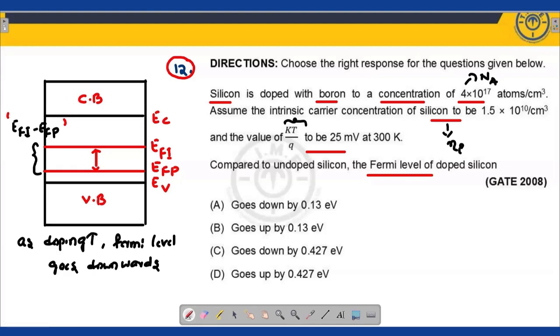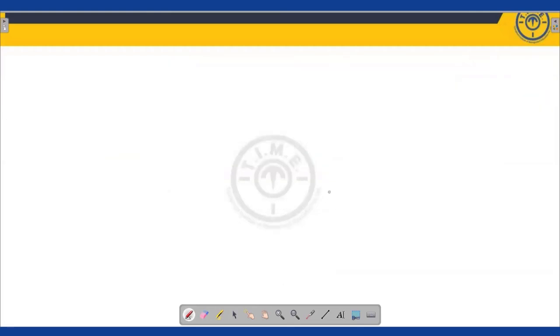Using the parameters of kT by q, the parameters of Ni, the parameters of Na, using all these particular parameters, I am writing the expression here, which is equal to kT ln Na divided by Ni. This is the formula. Okay.